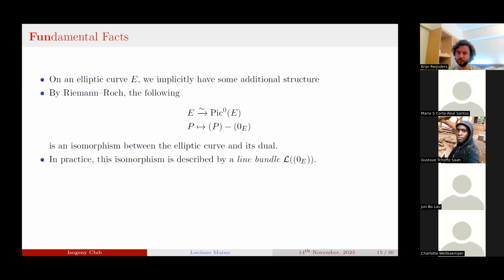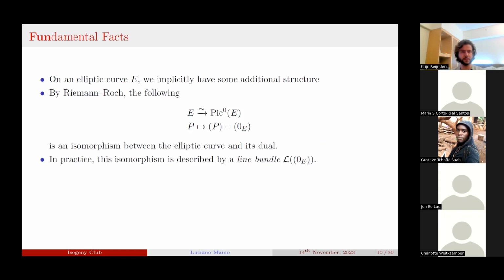So let's look at something that we all are familiar with, which is the case of an elliptic curve. Whenever we have an elliptic curve, we implicitly have some additional structure. By the Riemann-Roch theorem, we have an isomorphism between the curve E and its dual, Pic zero of E. It's not relevant to know what the dual of an elliptic curve is.